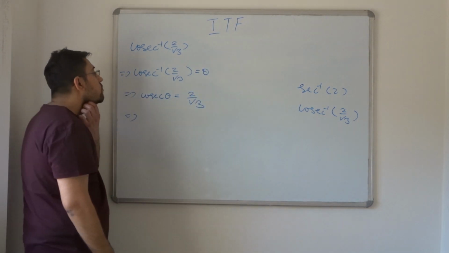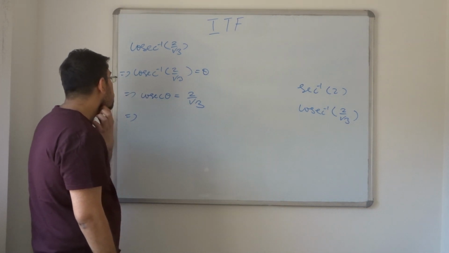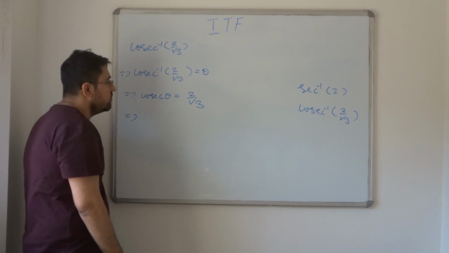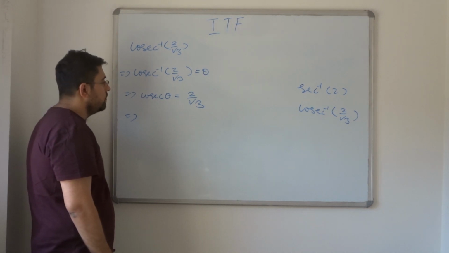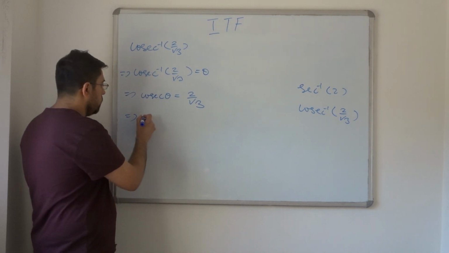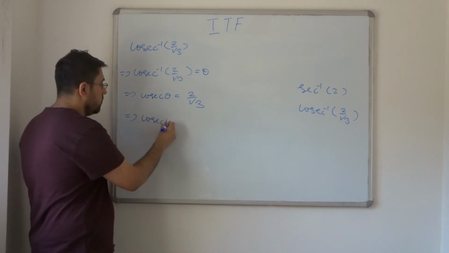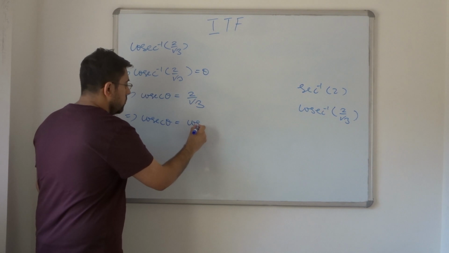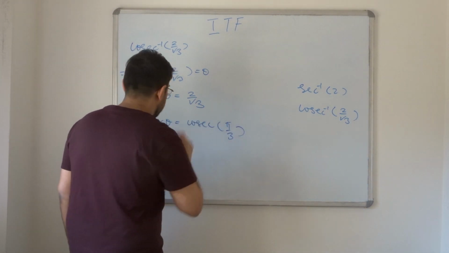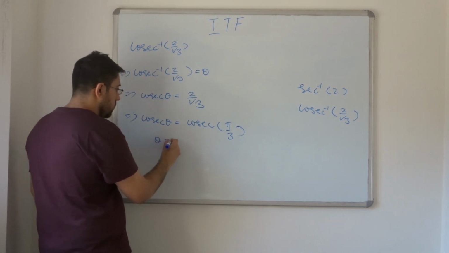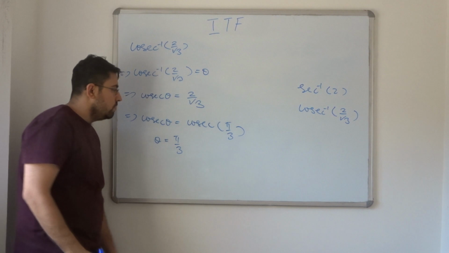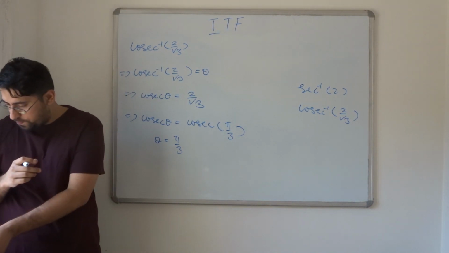Okay, so sine of what is root 3 upon 2, guys? Sine 60, right? So here you have cosec theta equals cosec pi upon 3. Theta equals pi upon 3. Okay, that's your answer.